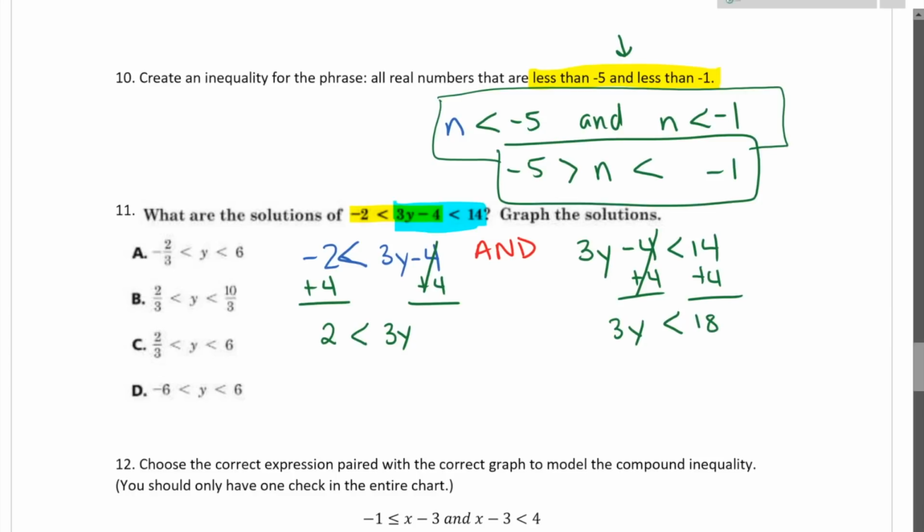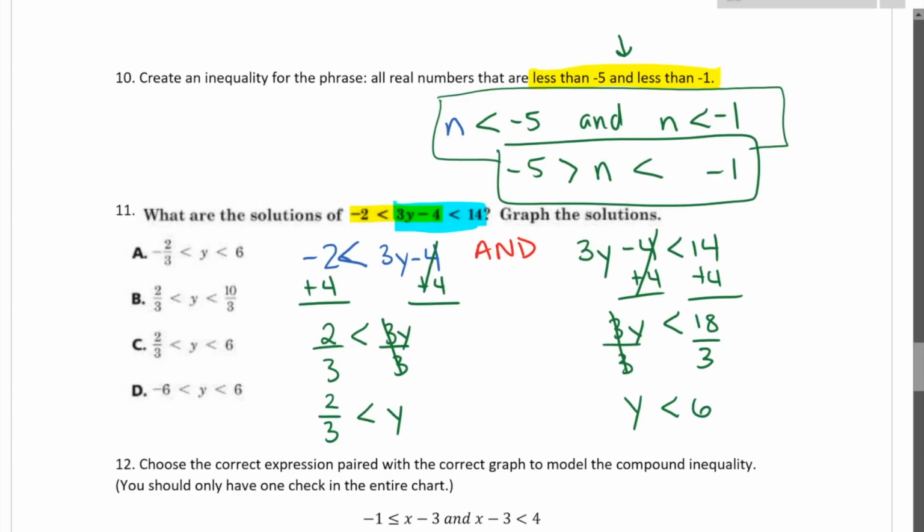Okay, not done yet because I've got to divide by 3 for all of these. We're going to leave 2 over 3 as it is. You do not change it, but you can cross out the 3's. All right, I'm going to cross out these 3's, which is y less than 6.